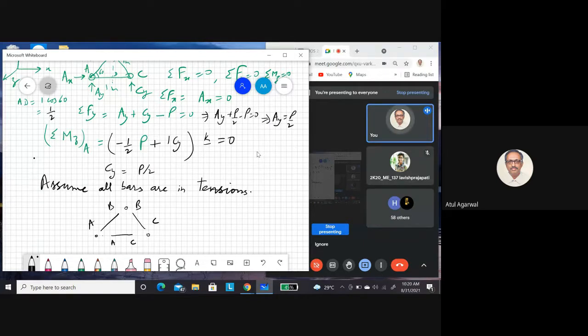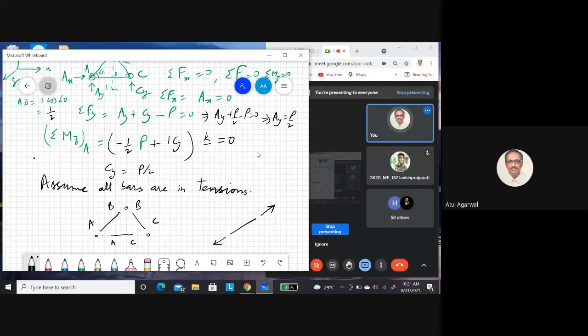So what are the forces on these bars? Since forces are only at 2 points, this is a two-force system. How can a two-force system be in equilibrium? If the forces are coaxial and equal and opposite. Any doubt about this? No, sir. This is very fundamental. Otherwise, you will be in trouble.